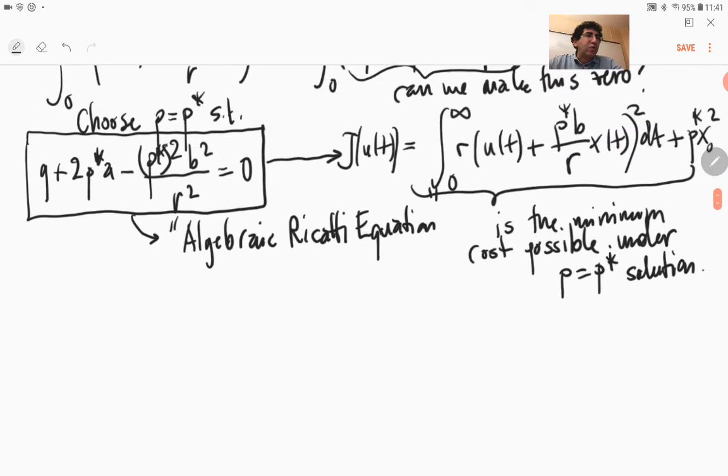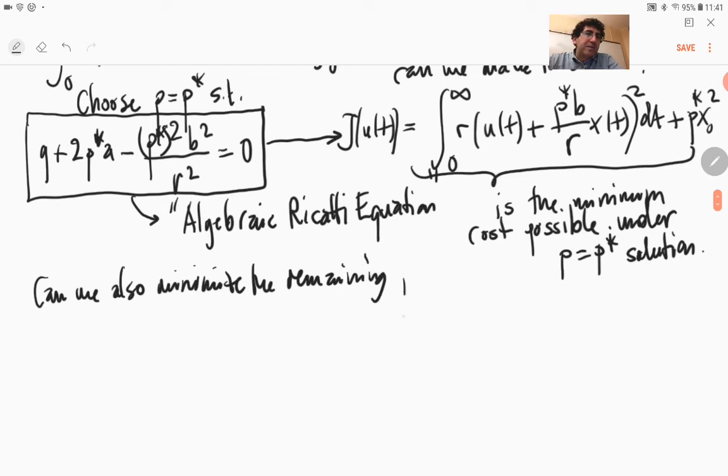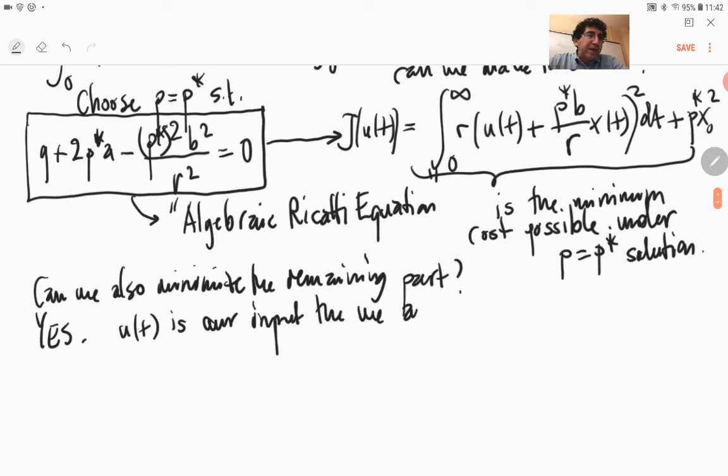Now we have another question. How can we also minimize the remaining part? And the answer is yes, because take a look at this term. u of t is our input that we are trying to find.